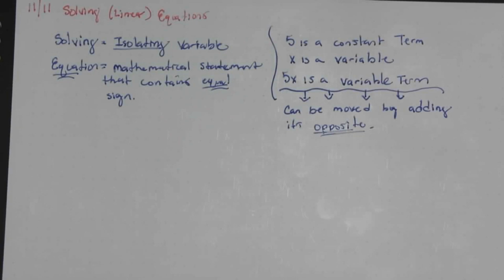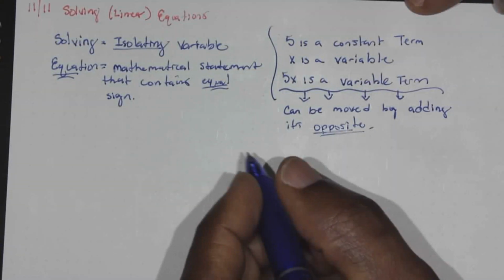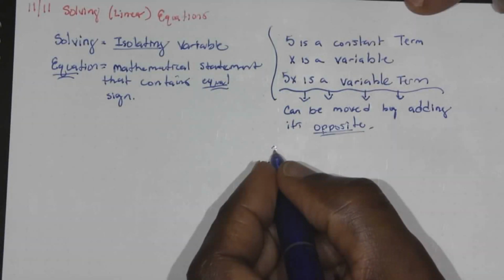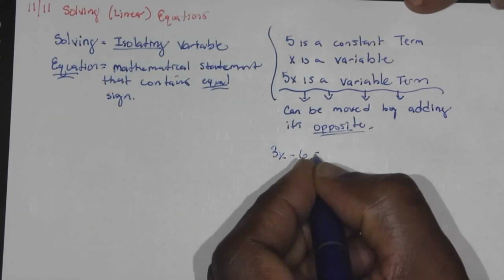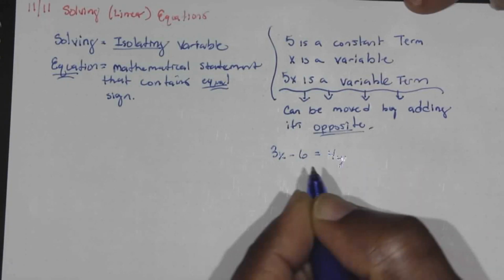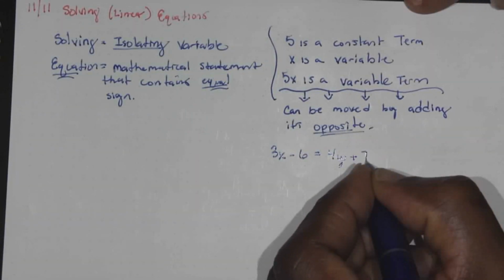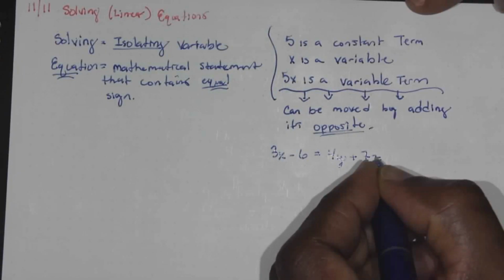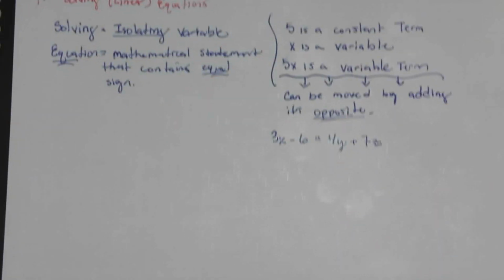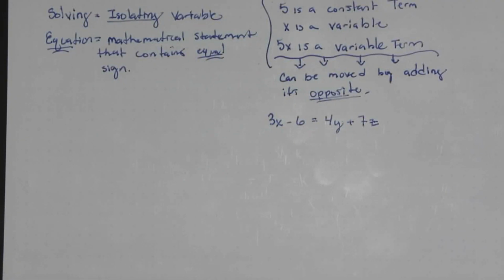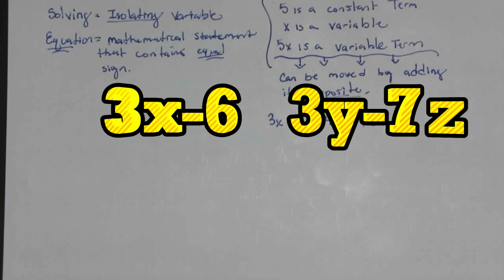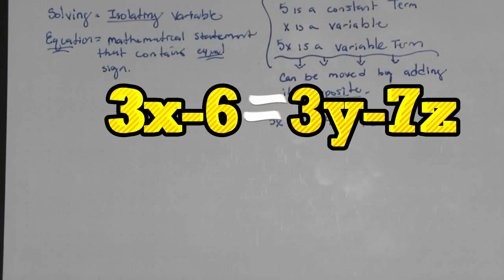Let's try it out. All right. In this equation here, 3x minus 6 equals 4y plus 7z. All right. Now, this is an equation. I know it is an equation because what's in the middle?